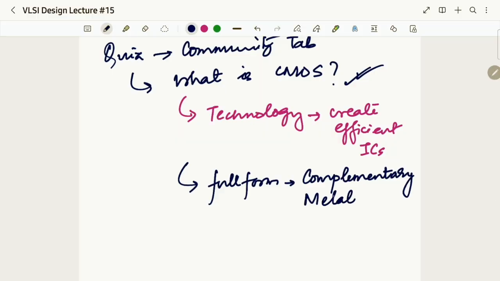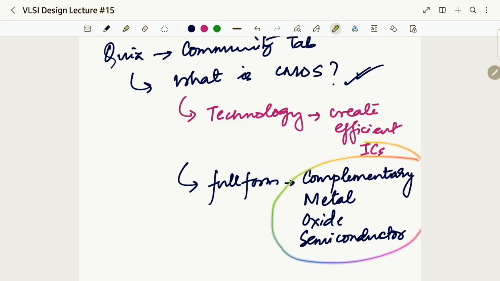Complementary metal oxide semiconductor. Since the MOS full form is still the same, people tend to confuse it that it is another type of MOSFET. No, that is wrong thinking. It is a method in which we are using it.